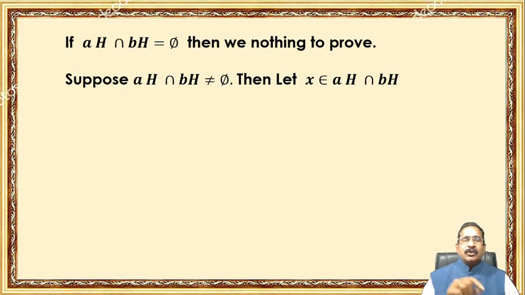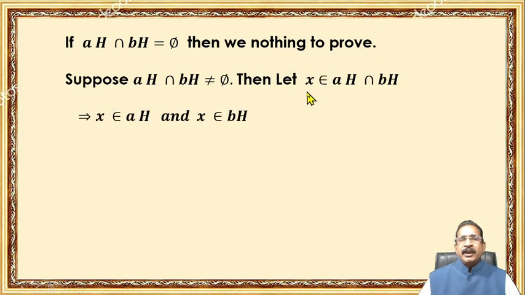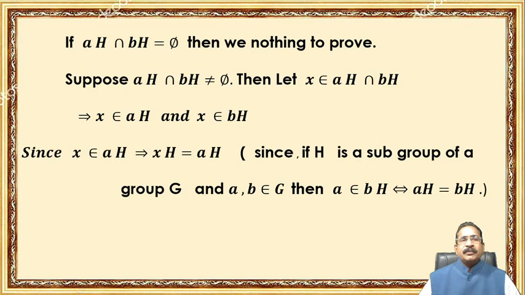Suppose these two left cosets are not disjoint. Not disjoint means it contains at least one element. Let it be x. x belongs to aH intersection bH. What does it mean? x belongs to aH and x belongs to bH.